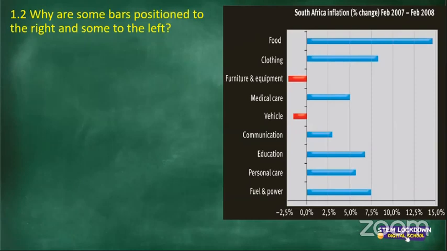Why are some bars positioned to the right and some to the left? I hope you are busy typing on your chat screens there, please. I'm waiting for your answers. Why are some positioned to the left and others positioned to the right?